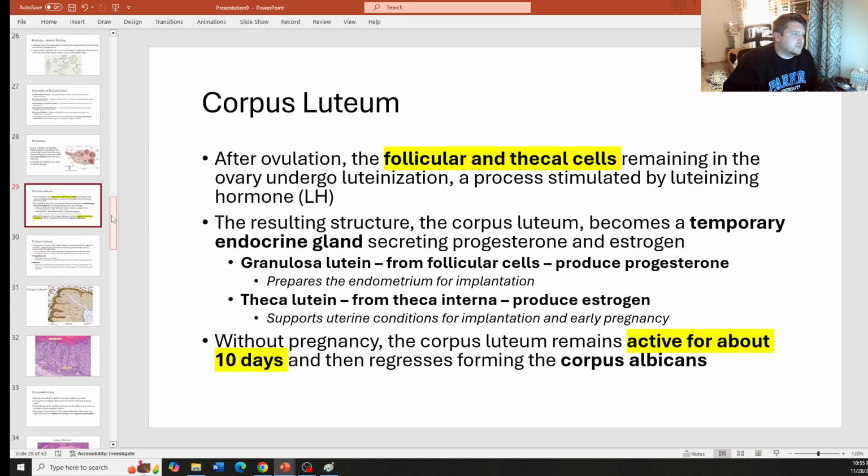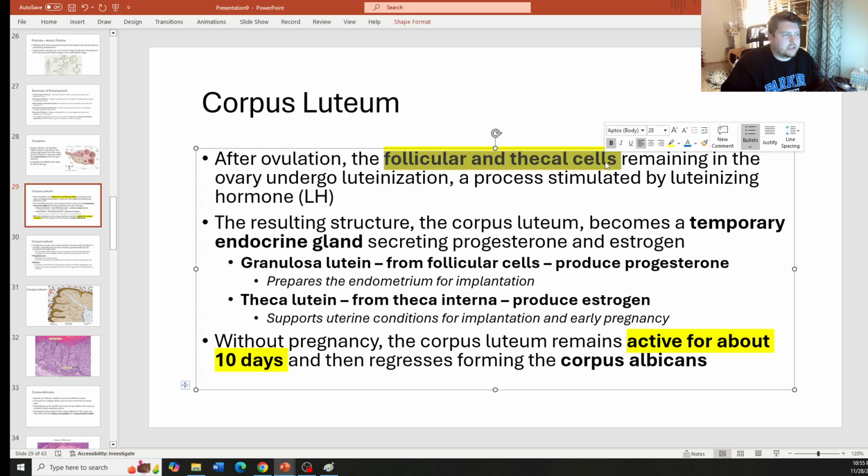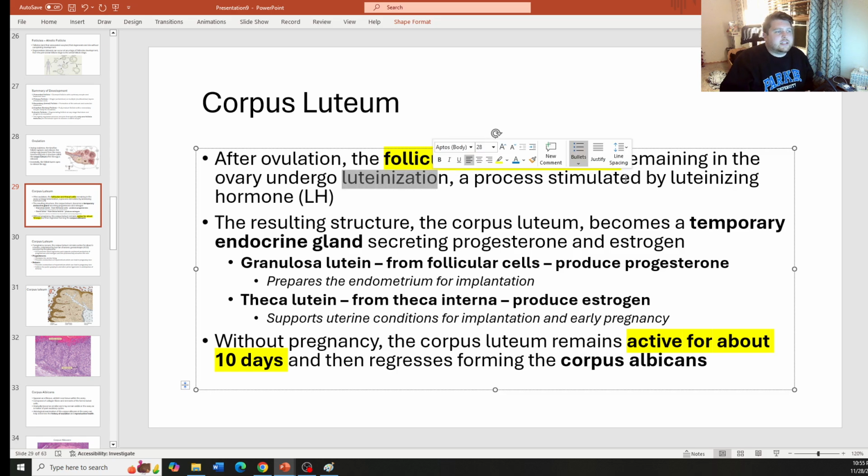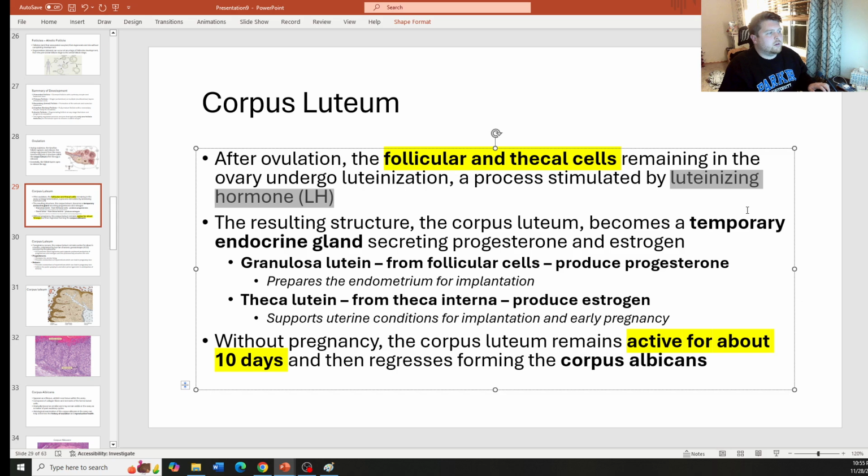The corpus luteum is made up of the follicular and the thecal cells, and it remains in the ovary undergoing a process called luteinization. This is stimulated by another hormone released by the pituitary gland called luteinizing hormone, or LH.